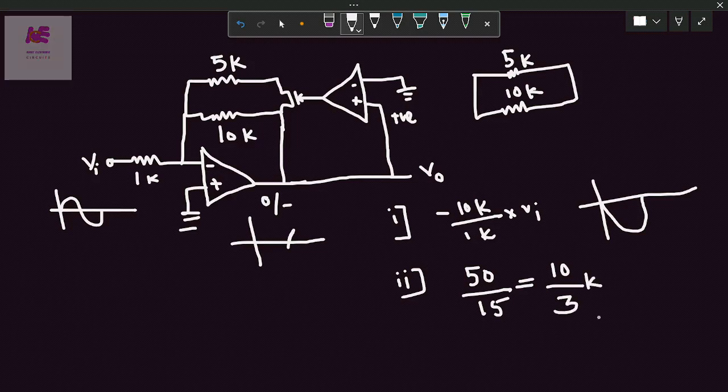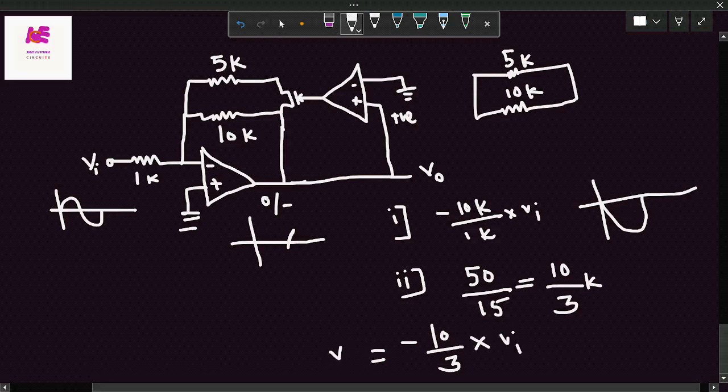So this is the resistance in the feedback. Now calculate the gain using this resistance: 10 by 3K divided by this 1K. So in the second case, the gain will be minus 10 divided by 3, into the input voltage, which is equal to the output voltage.